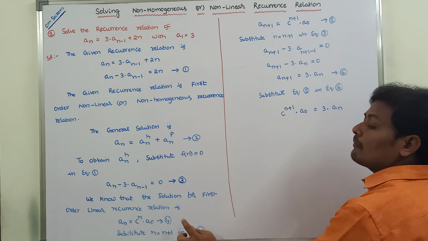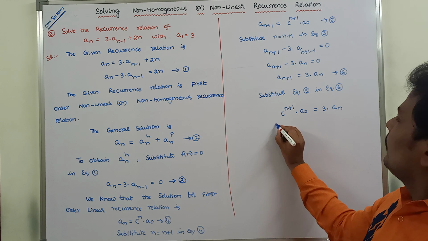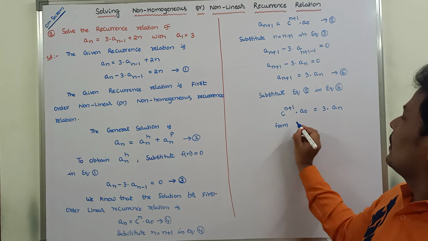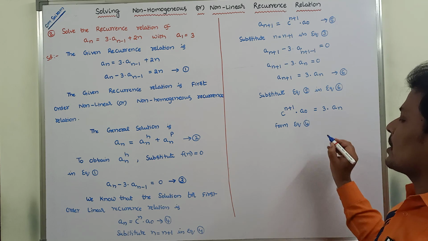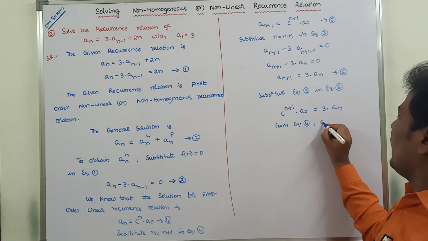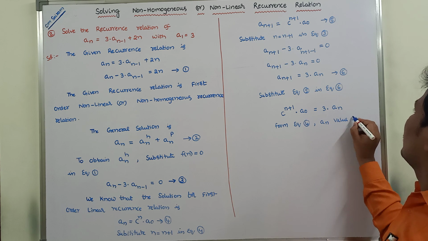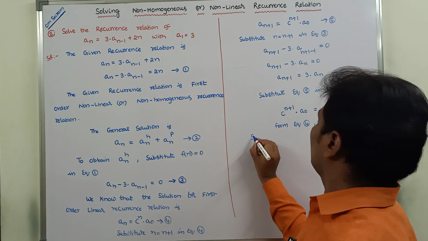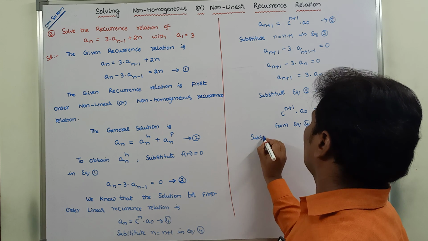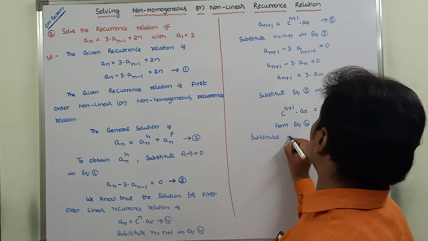Here the a suffix n value is c power n into a naught, from equation 4. So the a suffix n value is substituted in equation 7.